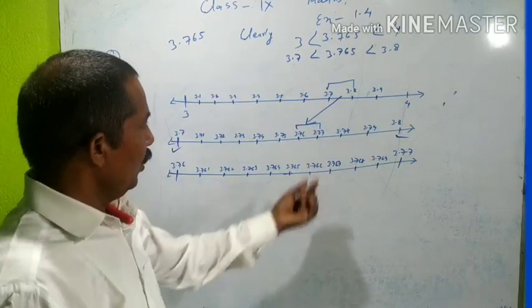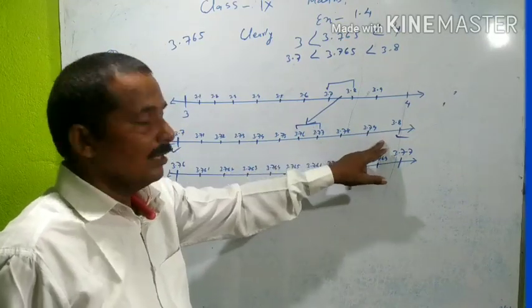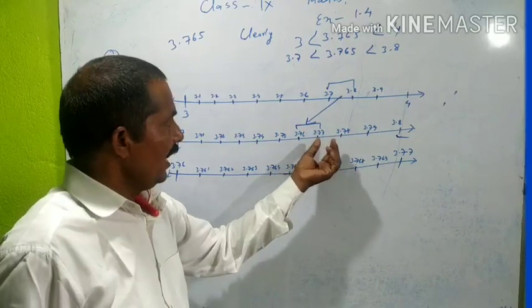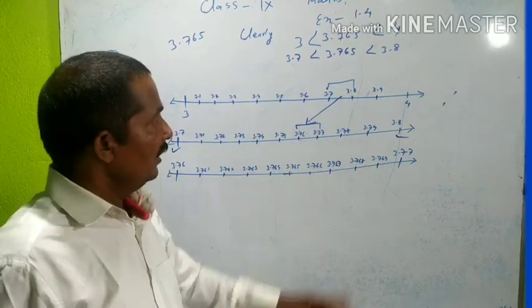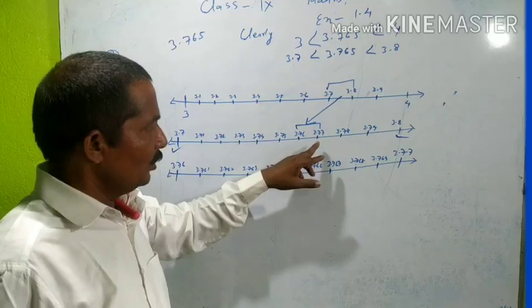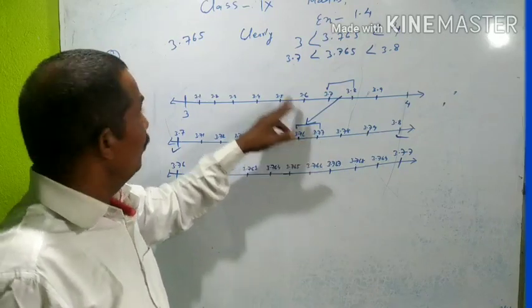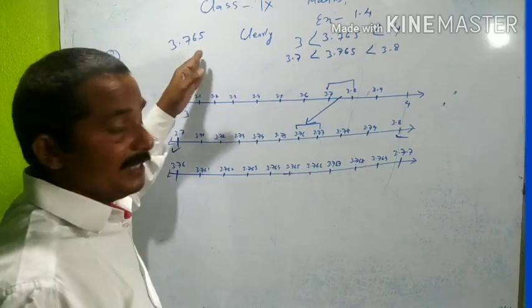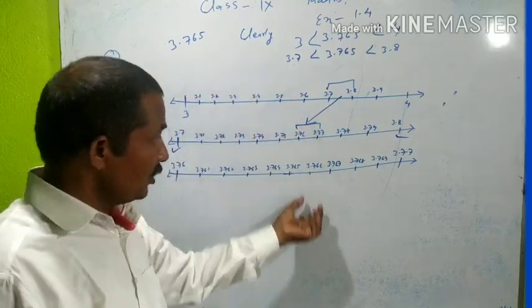Now at this juncture we have 2 decimal places, earlier 1 decimal place, here 2 decimal places. But the number has 3 decimal places, so one more step will be needed.